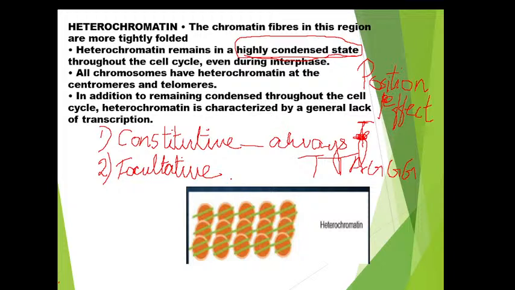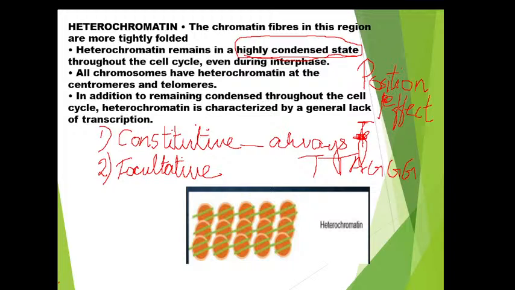Fourth, they have highly repeated sequences, like TTAGGG in the telomere. Fifth, they are devoid of protein coding genes; constitutive heterochromatin will not code for any proteins. And the sixth point, which is important, is position effect. When an active gene moves near to this heterochromatin, it will become inactive. So these are about constitutive heterochromatin.